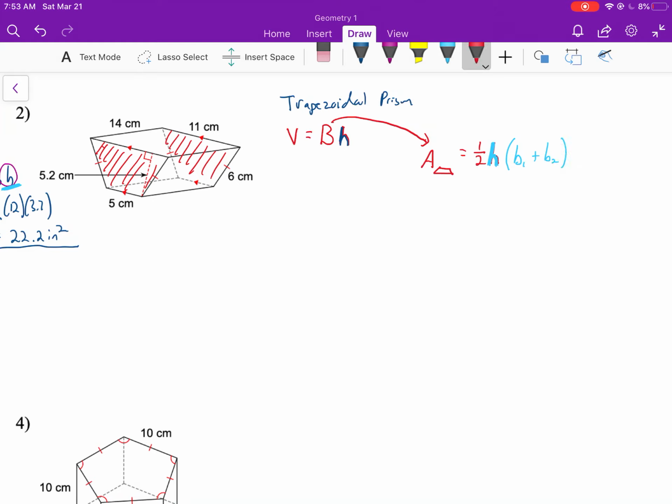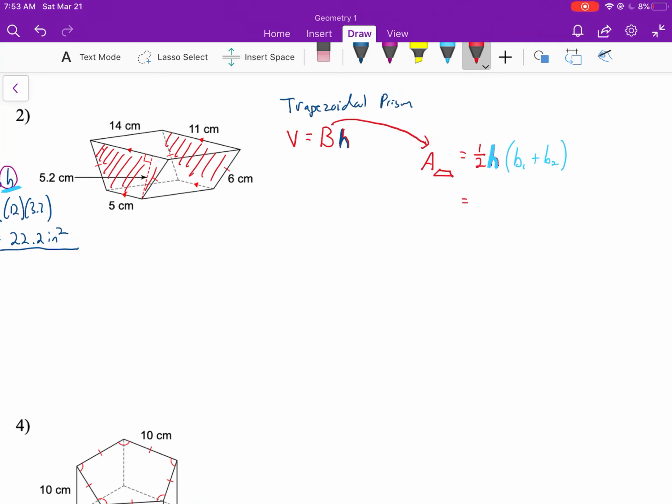So let's find this. This is equal to 1/2. And the height of the trapezoid is right here. Here's the height, which is 5.2. And then we're going to multiply that by the two bases of the trapezoid.